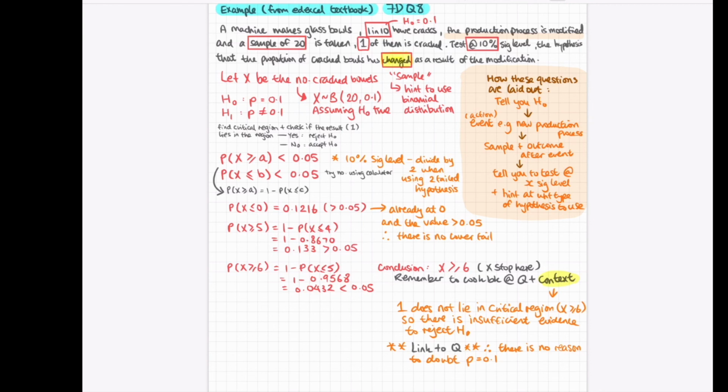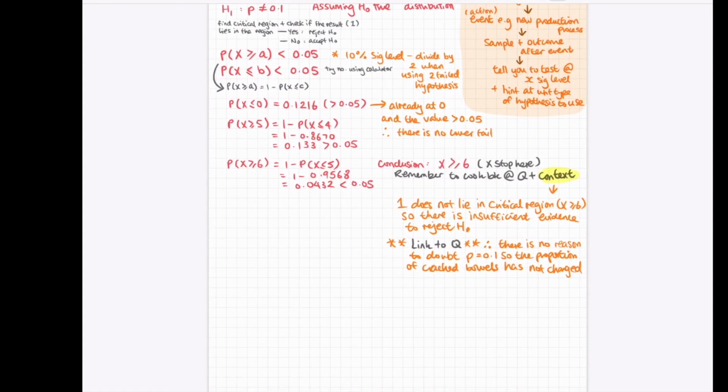So basically, to say it in my words, there's no reason to doubt 0.1, and that 0.1 is accurate because it's not due to chance. So the proportion of cracked bowls has not changed. It has not changed because you accept H0.